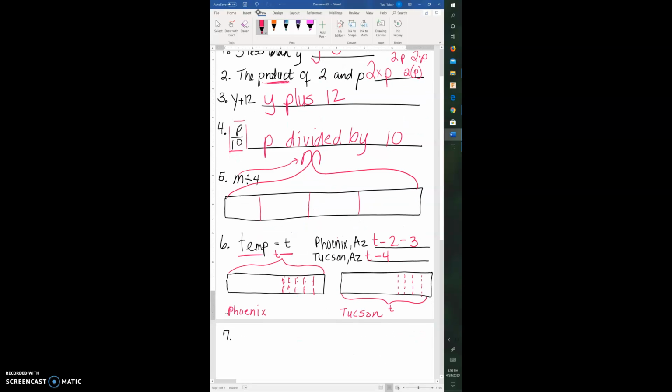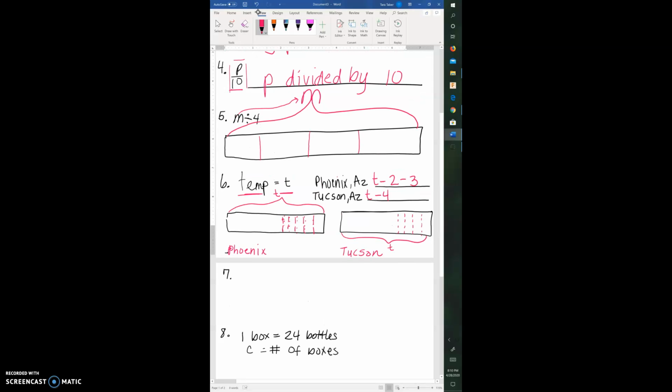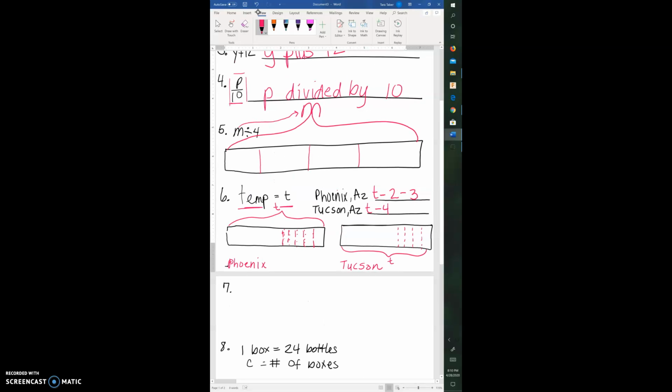And we scroll down, and number 7 says, are the expressions that represent temperature in the two cities equivalent? Equivalent means equal. And are they? I'm going to say no. And here's why. 1, 2, 3, 4, 5. 1, 2, 3, 4.